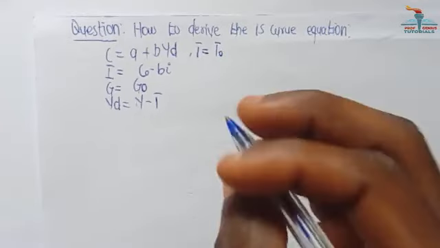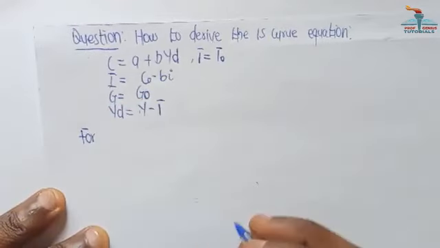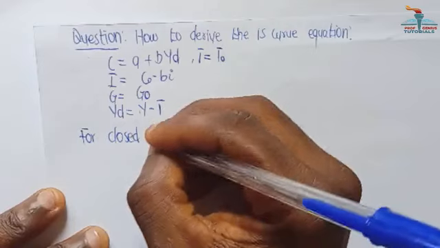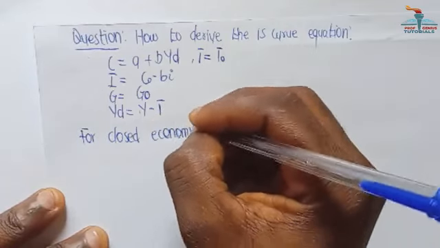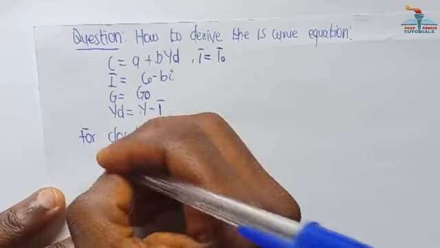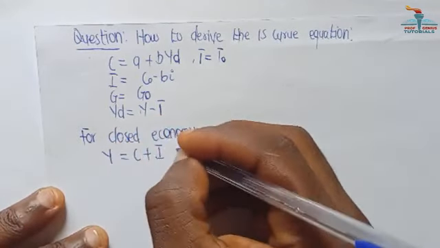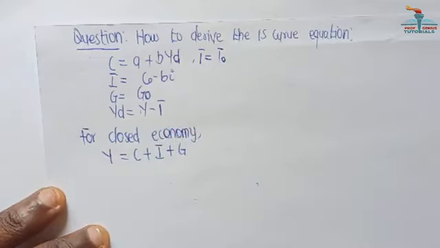So for a closed economy, Y is equal to C plus our investment, then plus government expenditure, because we don't consider our net export.